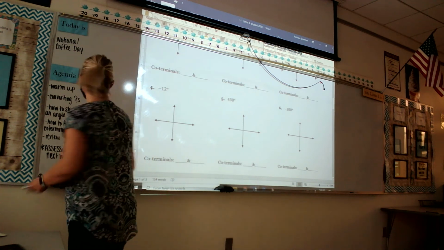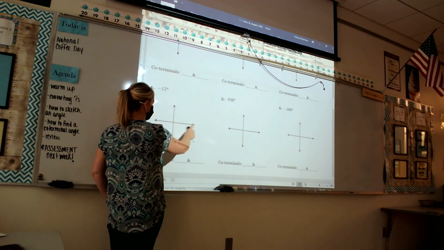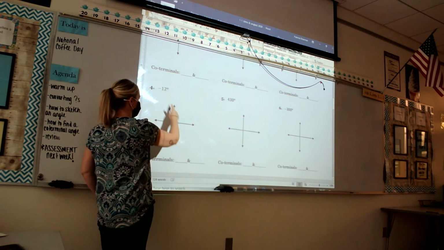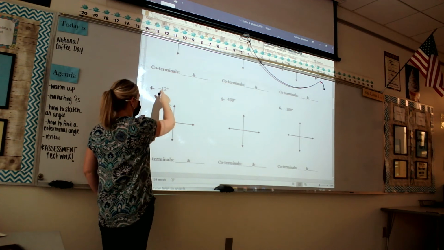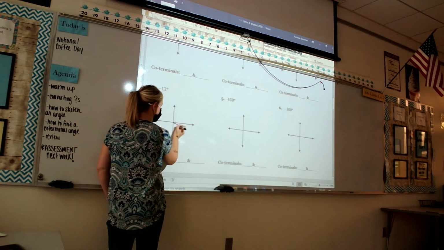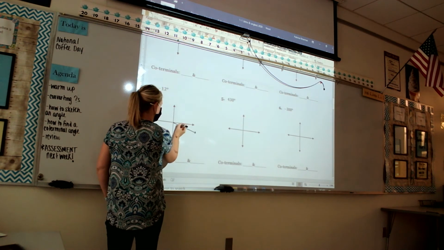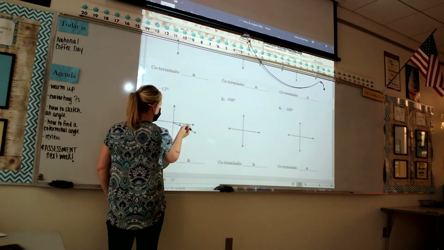So when I'm doing the negative, always start here, this is your positive x, your initial side. When it says negative, instead of going up, we're just gonna go down. Kind of makes sense? So if I go down 12 degrees, it's just a few degrees, I'm just gonna say that's about right there. So I went in the down direction instead of up, because it's negative.